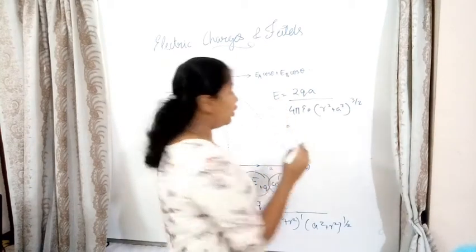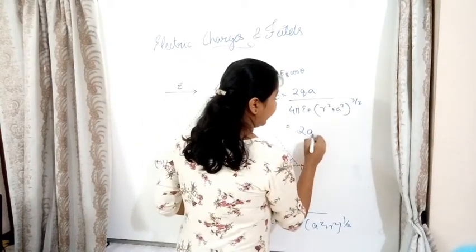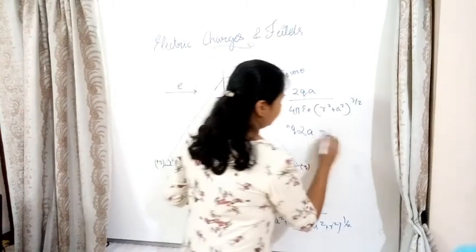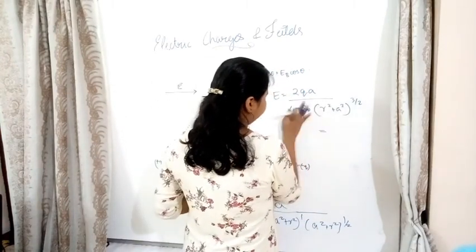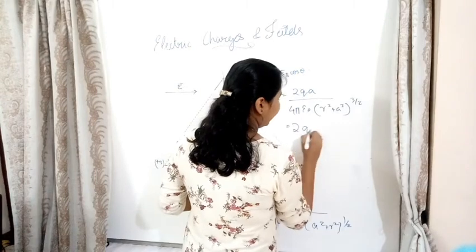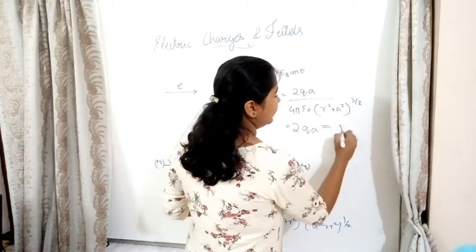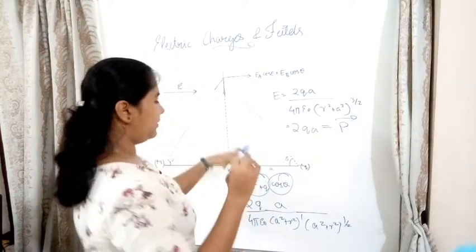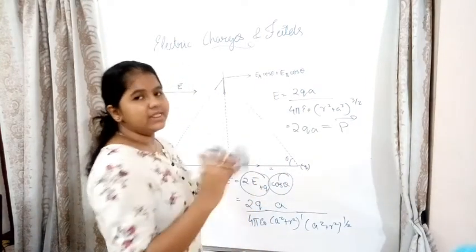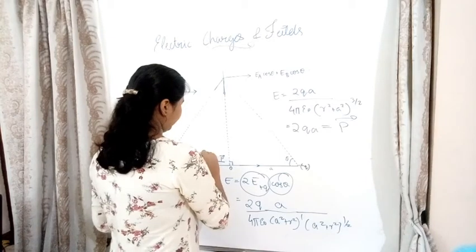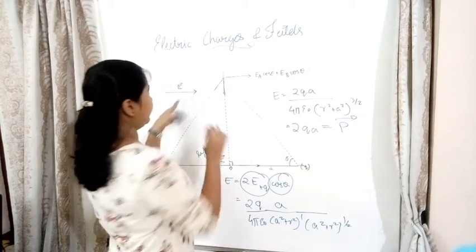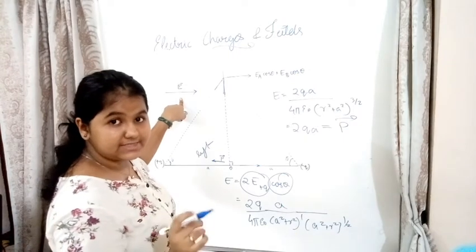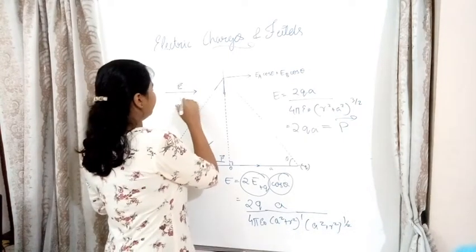And what do we know? 2QA is the dipole moment P. Which direction is the moment in? Moment is from negative to positive, that is towards the left direction. And the electric field intensity is towards the right.